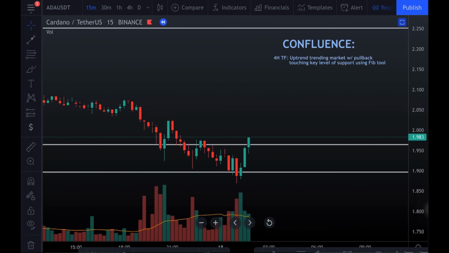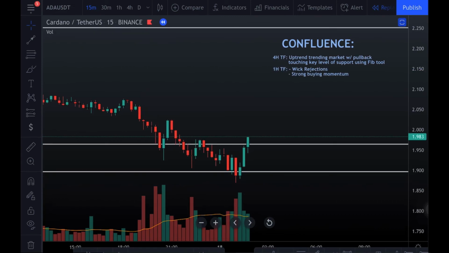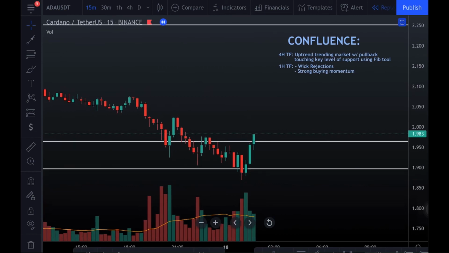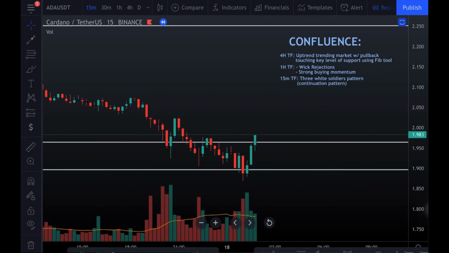And second, on our behavioral time frame, we have weak rejections and strong buying momentum. And lastly, as per our entry time frame, we see a continuation candlestick pattern. So all in all, we have 4 confluences for this trade.